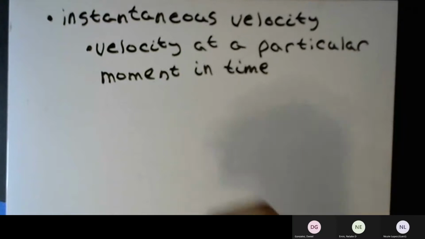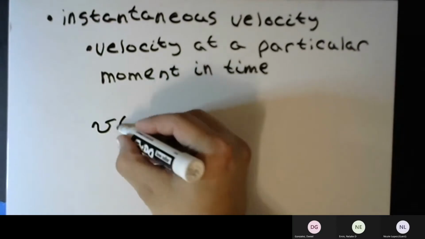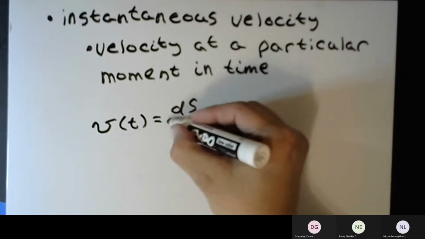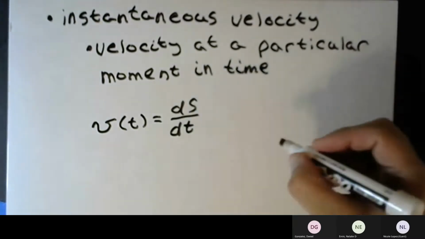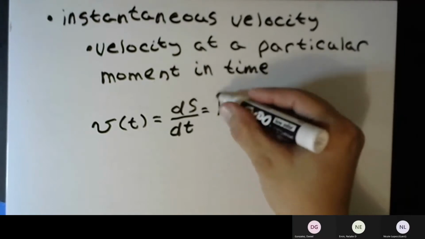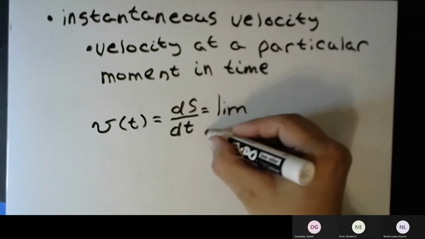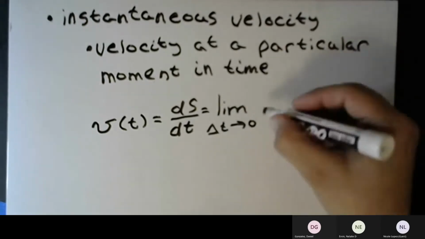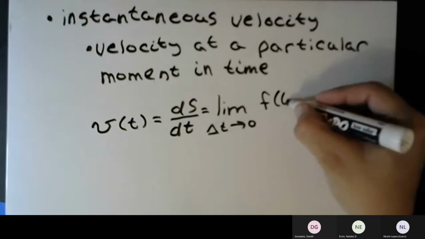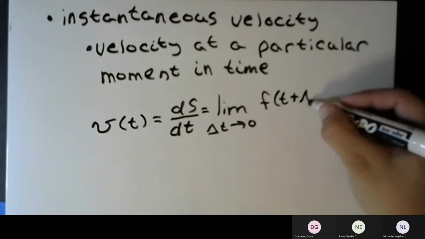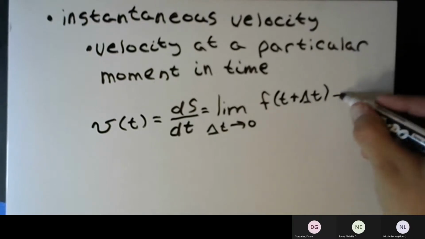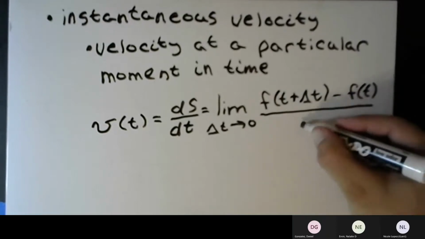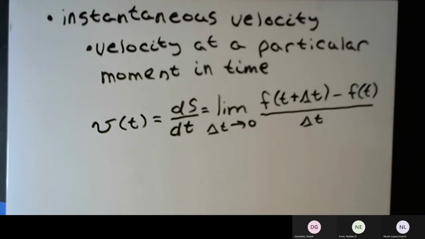And so the way we define this, we call this a function v of t, or ds dt. Or the limit as delta t goes to 0 of f of t plus delta t minus f of t over delta t.